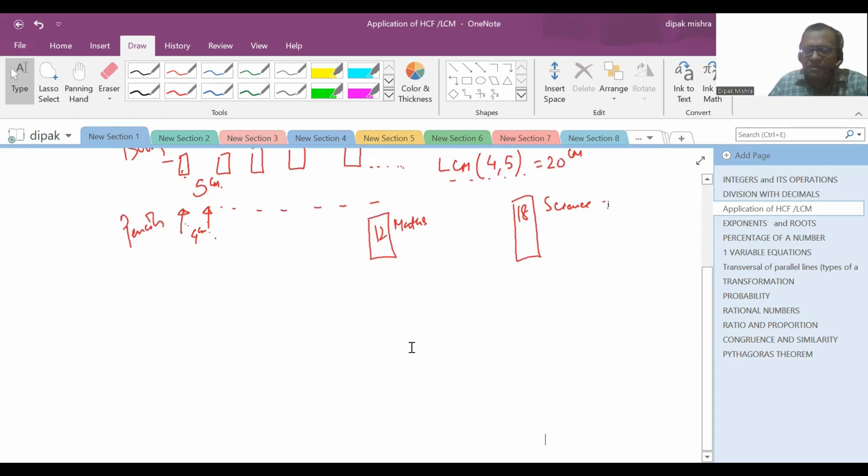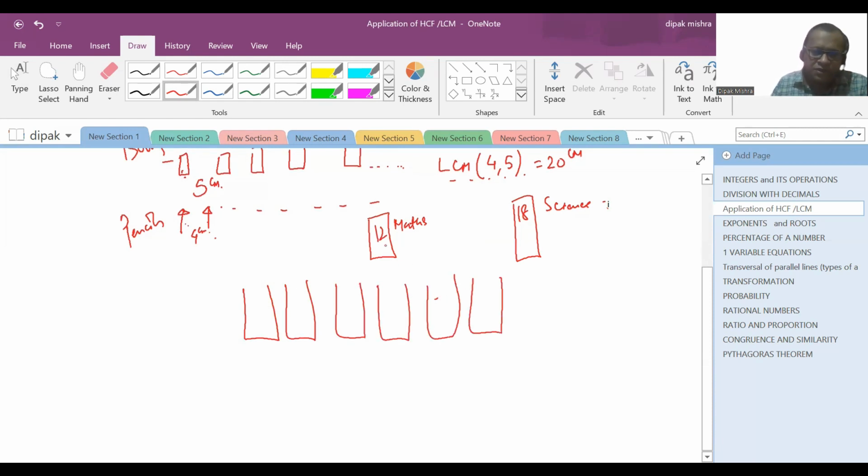So what is the minimum number of shelves required if each shelf has to contain the same kind of books? So you have 12 maths books and 18 science books, and you have to arrange them in shelves. How many shelves do you require, because the shelves are of the same height?